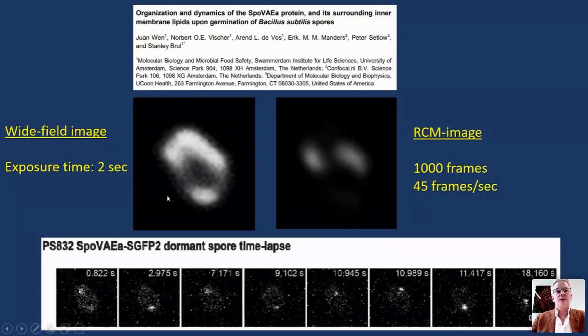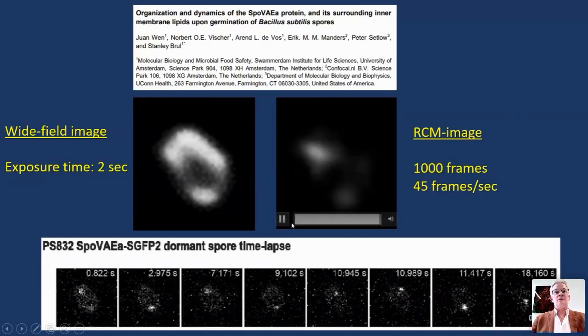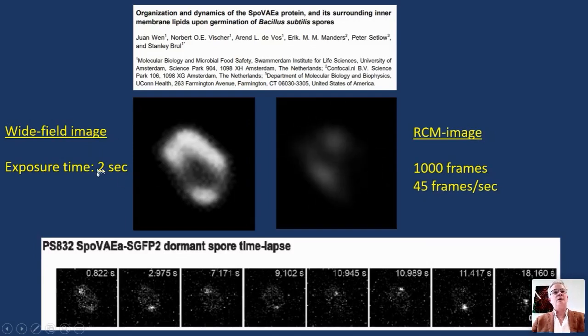It looks like a static thing with a wide field microscope because we average over all these images for the duration of 2 seconds. So this gave, for this paper, a completely new view on how germinosomes are formed. I want to show you this because this is quite impressive.